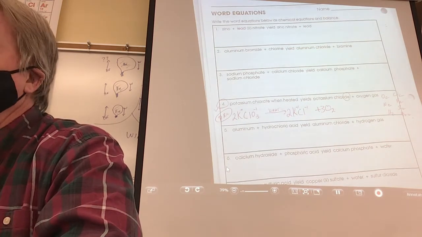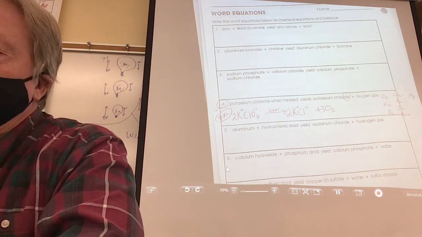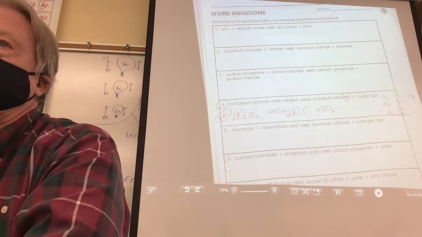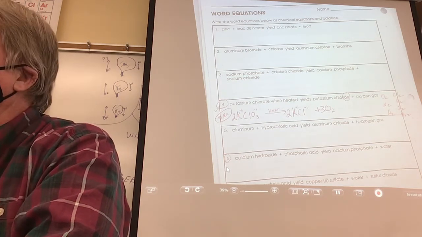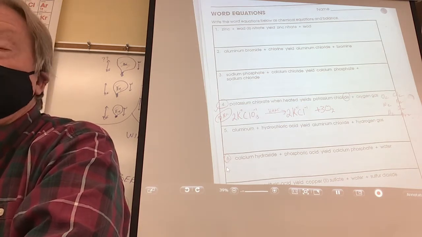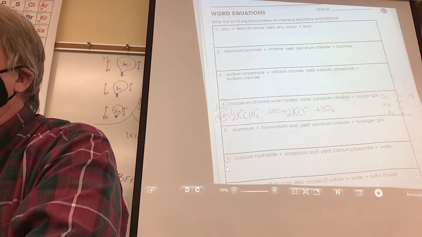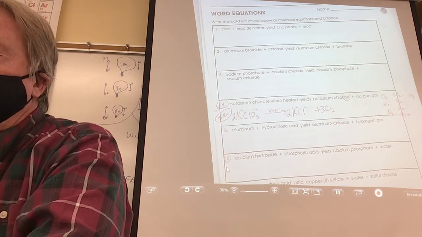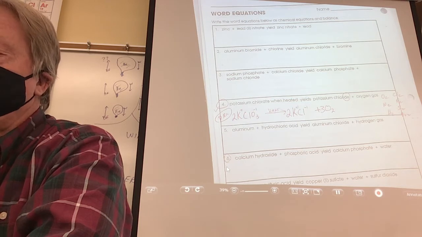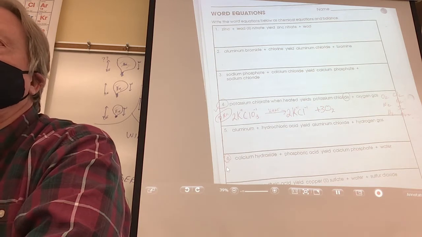Okay, let's let you try number 6. You by yourself. Again, even though this is only about 10% of the test, it is the hardest part of the test. But not for some of you. Some of you said, I know how to write formulas, I didn't forget my polyatomic ions. Six is kind of a hard one because you also have to remember how to name acids.